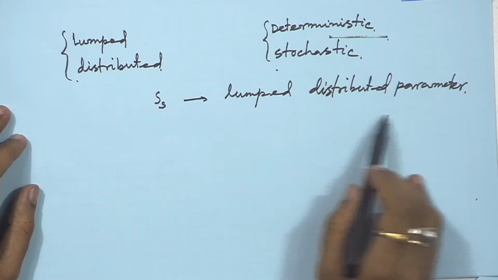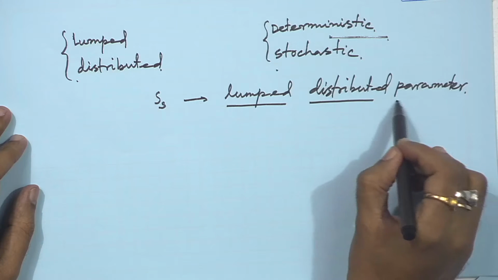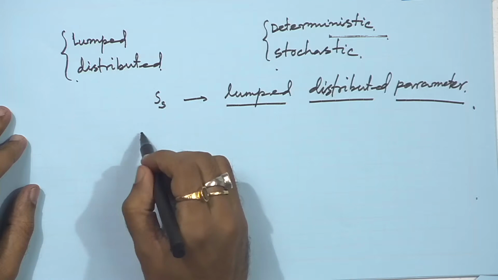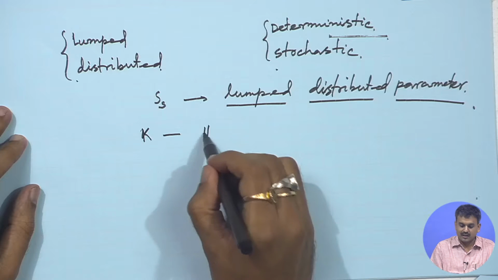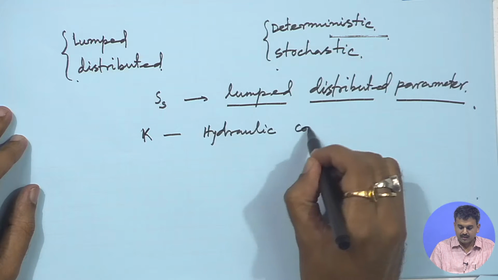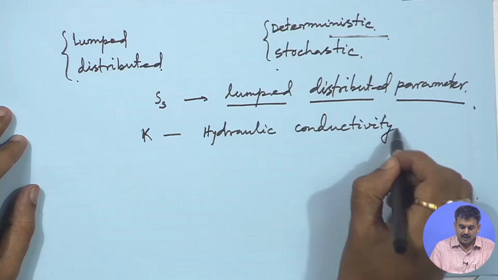Okay. So, in this case, lumped distributed things are utilized in the governing equation. Another parameter, that is K or hydraulic conductivity.